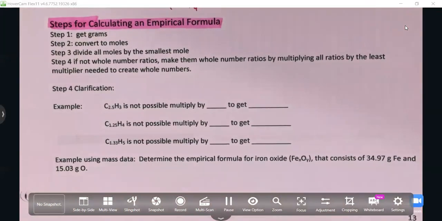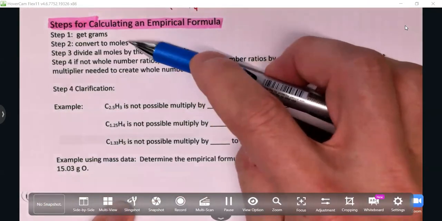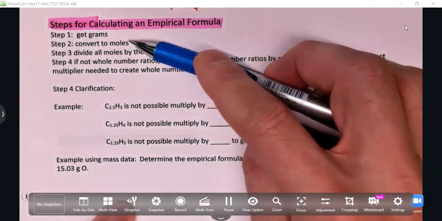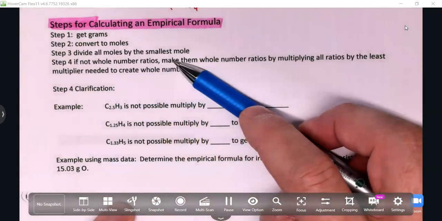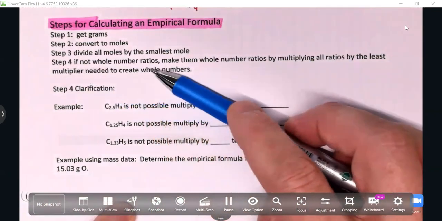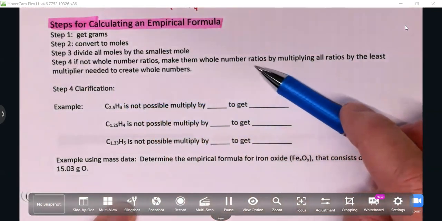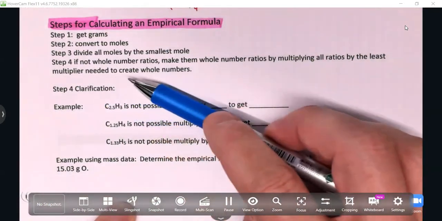Step 1, get grams. Step 2, convert all the grams to moles. Step 3, divide all moles by the smallest moles. Step 4, if not whole number ratios, make them whole number ratios by multiplying all ratios by the least multiplier needed to create whole numbers.